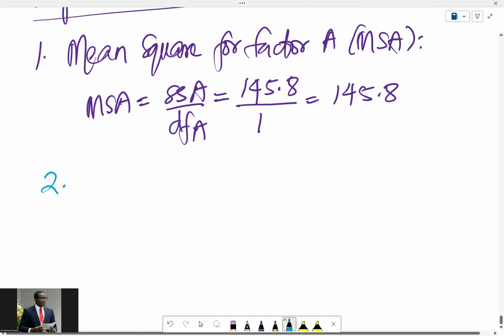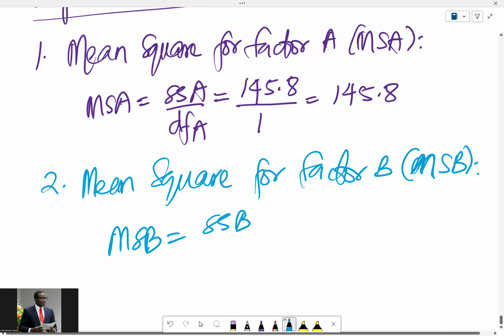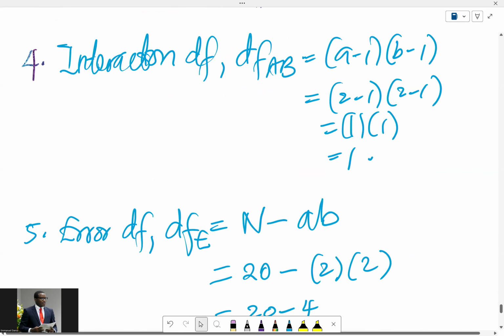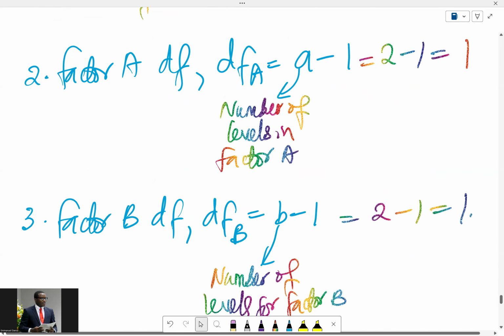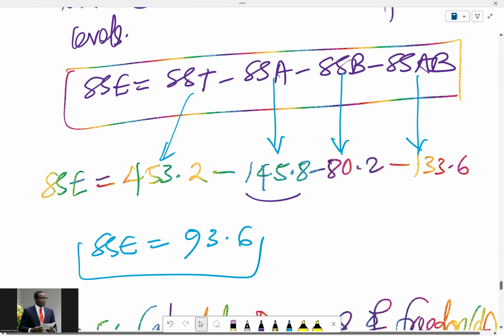Then number 2, we need the mean square for factor B, that is MSB. Of course you expect MSB to also be SSB divided by degree of freedom for B. My SSB, sum of squares for factor B, is actually this guy, 80.2.